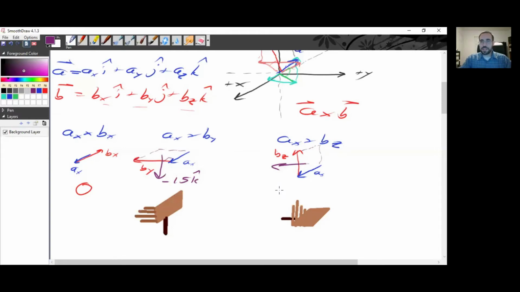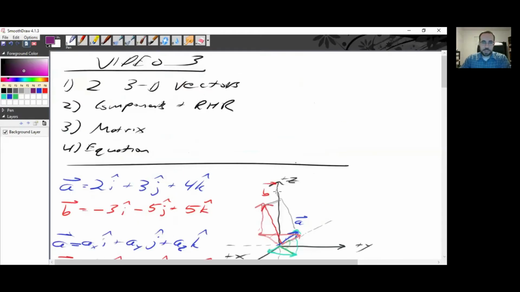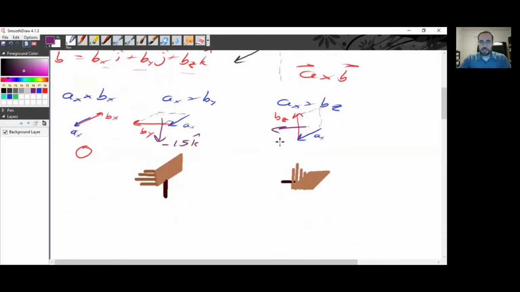So the size of this, I forget how big BZ is, it's 5. So this is, how did I get 15 for that one? My apologies. Again, scribble instead of erasing. Okay. So that's what we end up getting. We get negative 10 k hat for this pairing. We get negative 10 j hat for this pairing in terms of the numbers that we end up getting.